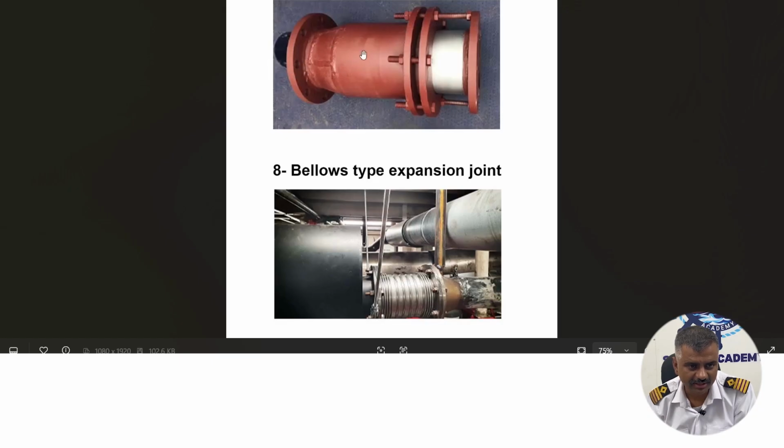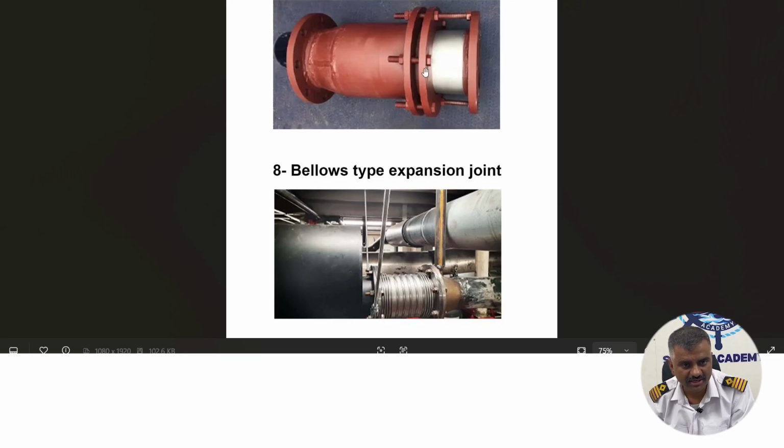You can see a reducer here also. So when you are giving the pipe, say going to a pump, mostly in the seawater pumps, you will find one sleeve is used, and a reducer is used, and the flow is sent into the pipelines. Okay, this is the sleeve joint.